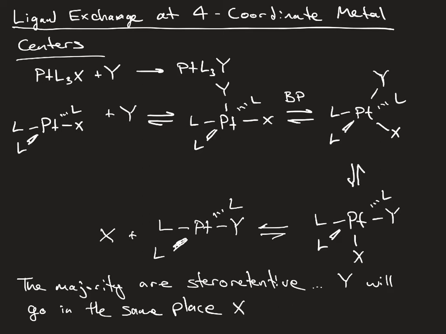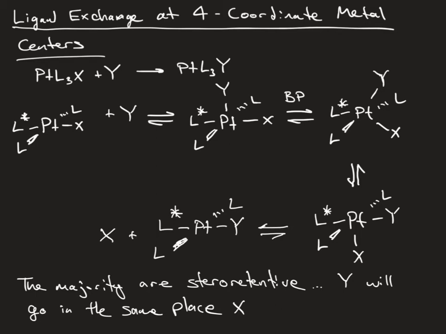So if we label this L ligand trans to that X, what we find is that ligand stays in the same place throughout this process. And it turns out that this trans ligand is what dictates the ligand substitution reaction, by displacing the ligand trans to it, that X ligand.